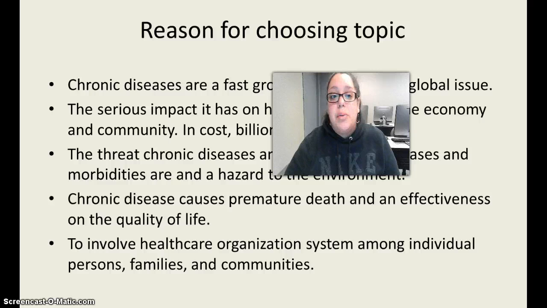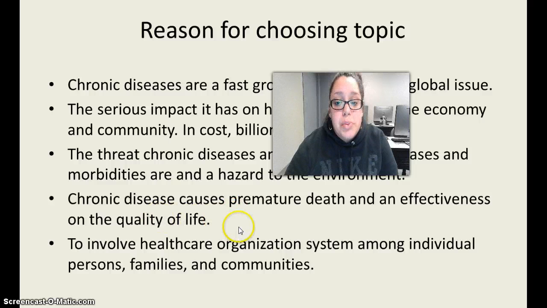Reason for choosing the topic: chronic diseases are a fast-growing epidemic and global issue. They have a serious impact on the healthcare system, the economy, and the community. It costs billions a year that we're losing. There is the threat of chronic diseases among infectious diseases and morbidities, and the hazard it has to the environment.